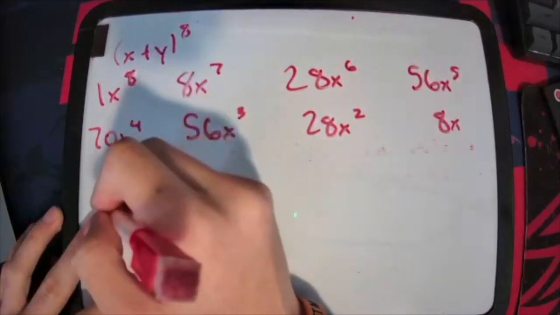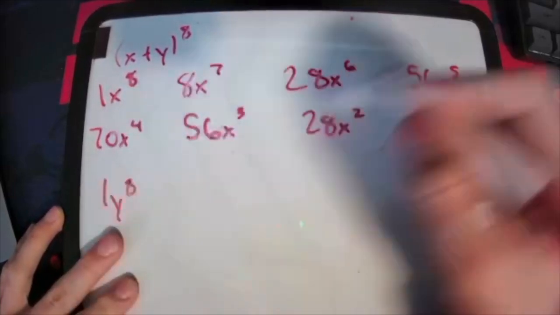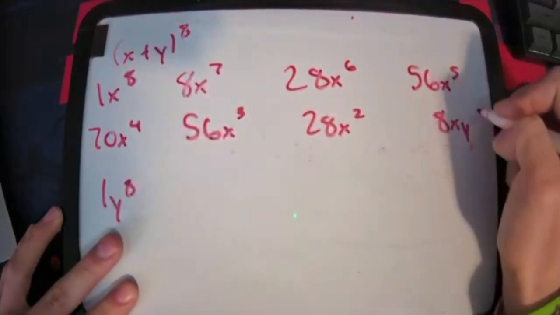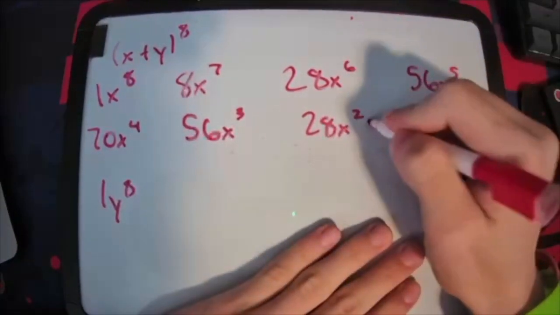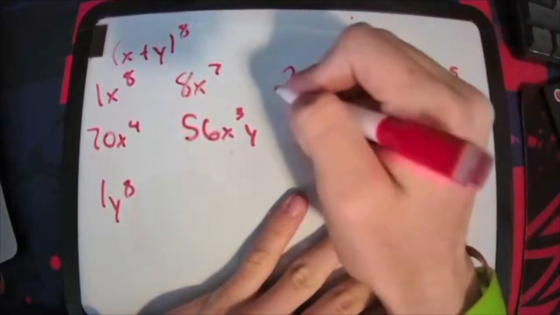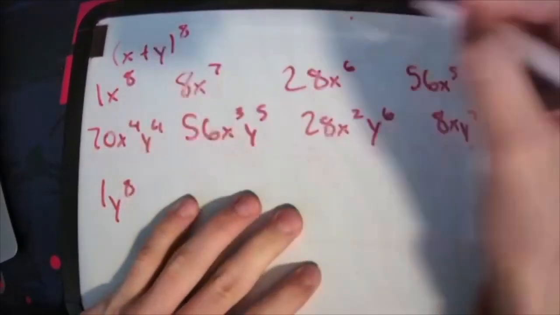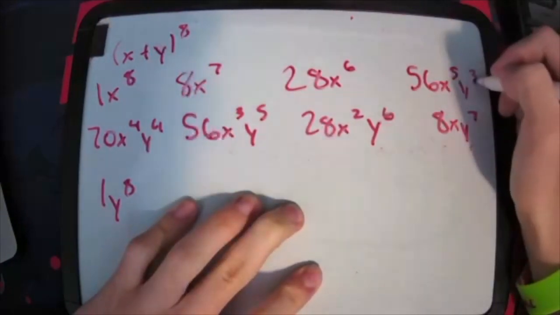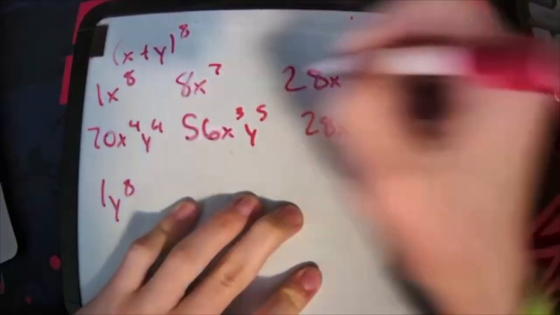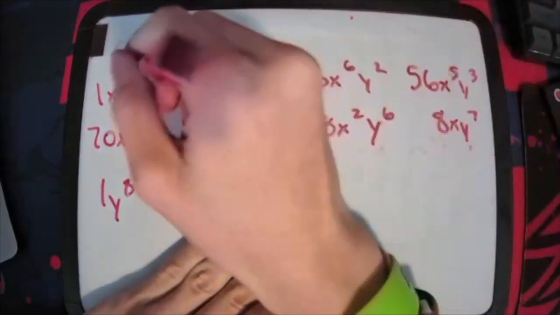Now we go right to left descending the y. So we start at y to the 8th, then y to the 7th, then y to the 6th, then y to the 5th, then y to the 4th, then y to the 3rd, then y squared, then y, then y to the 0, which is just 1. Finally, we add addition signs in between everything.